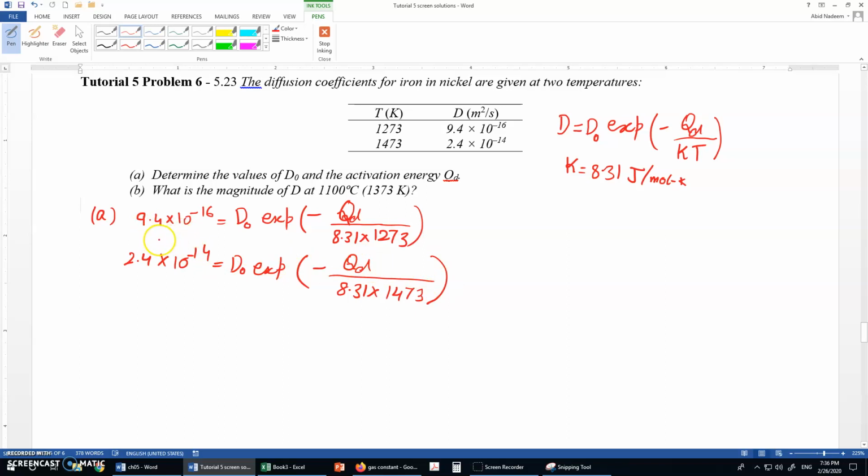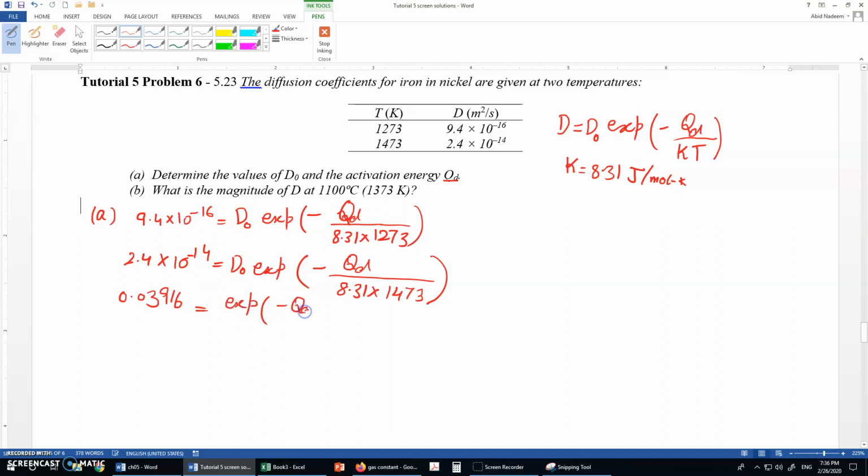If you solve it like this, maybe you can divide the first equation by the second equation. In this case, you will get a value when you divide 9.4 into 10 to the power minus 16 by 2.4 into 10 to the power minus 14. You will get 0.03916. D naught will cancel with D naught, and then it will be a ratio of two exponents.